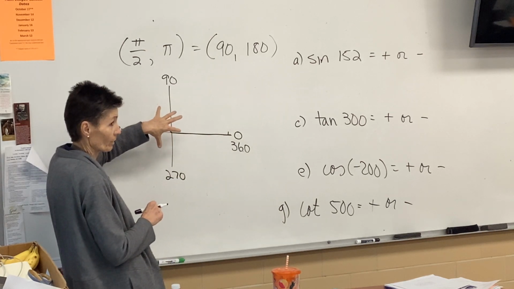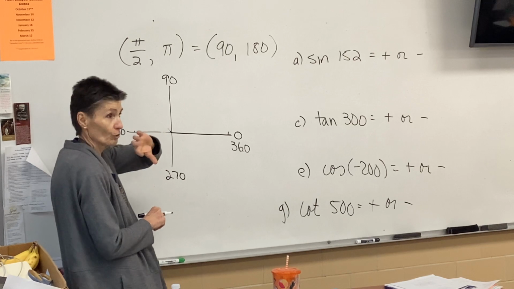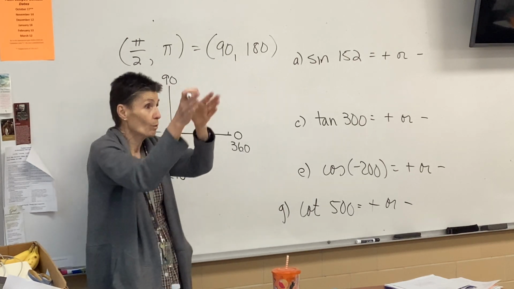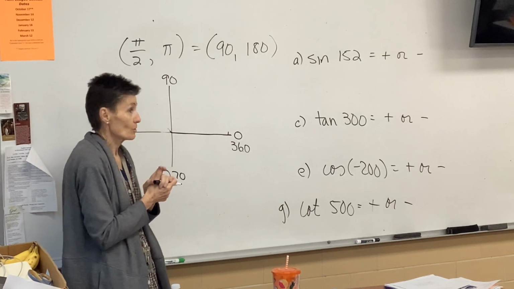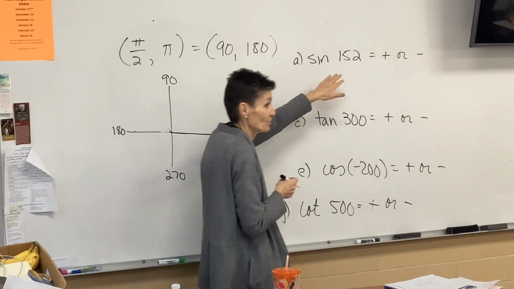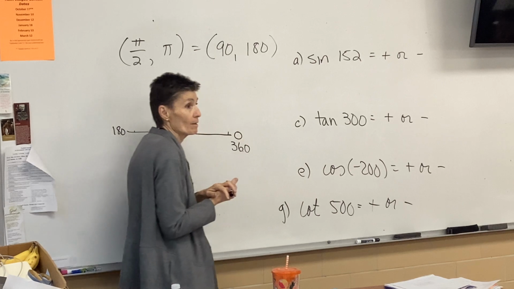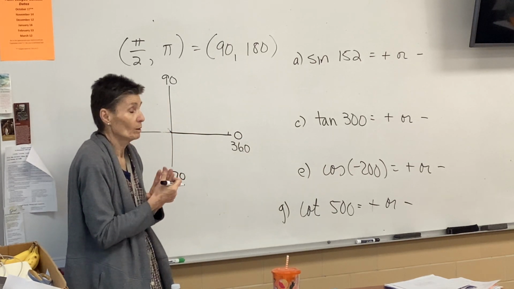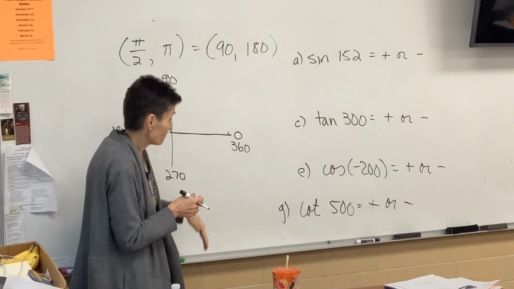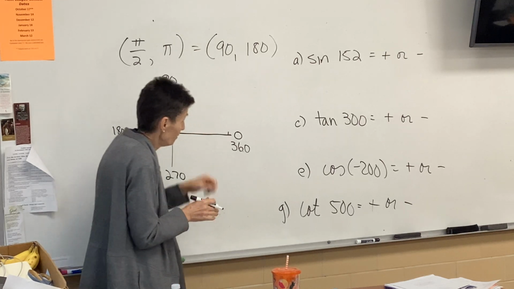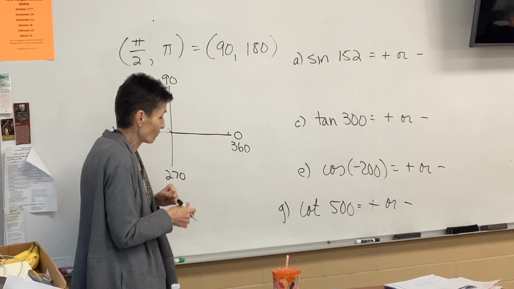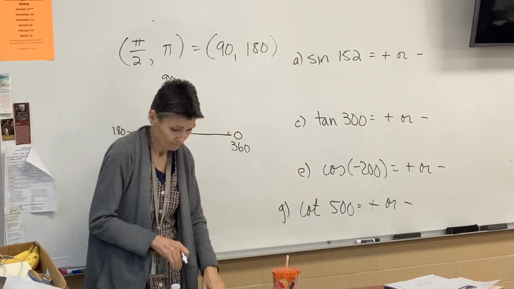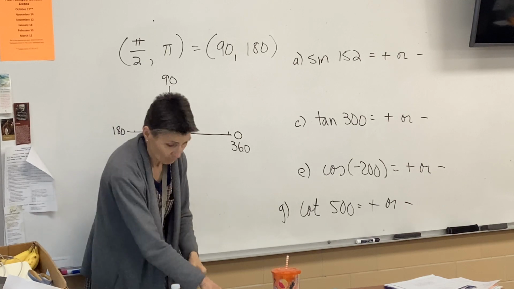This is your framework. You're not looking for a number, you just want to know, is it gonna be a positive number or a negative number? So think about where 152 is. Think about what sine is, and then will it be positive or negative? Right, take a minute and see if you can come up with a guess for these. This one's a little tricky because it's negative. But you'll figure it out.